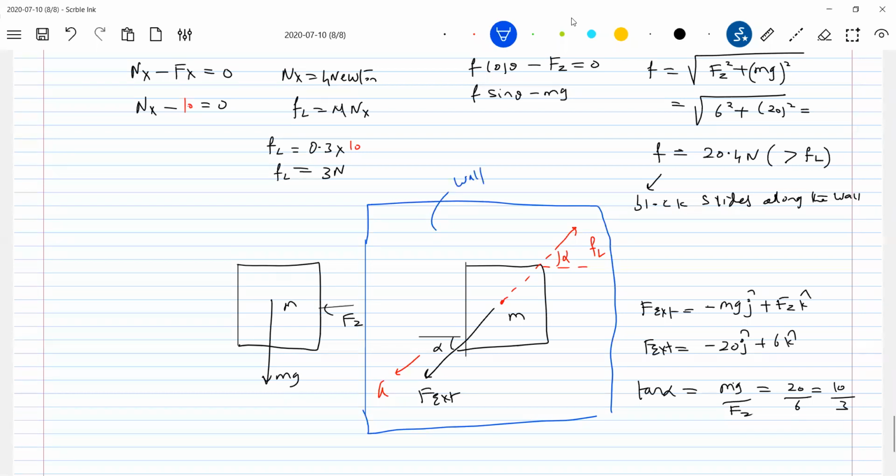So how to calculate that acceleration now? Acceleration will be F external minus FL by M. Do the calculation.